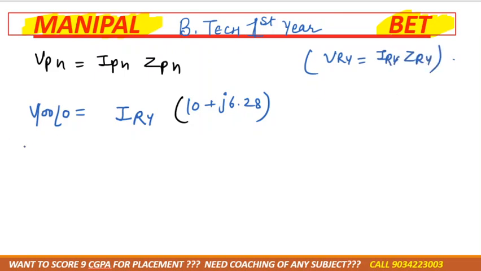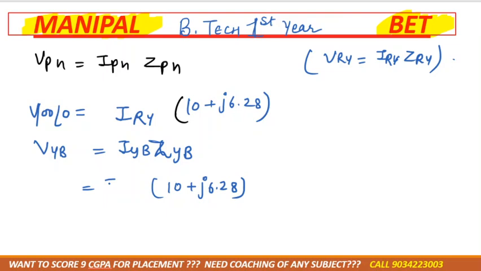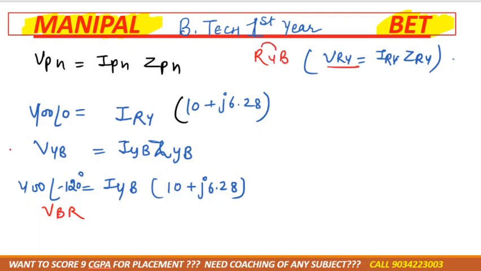Second one is VYB equal to IYB multiplied by ZYB. Impedance is the same, 10 plus j 6.28. IYB as it is. VYB angle is 400 angle minus 120, right? Similarly, third one is VBR. As you know the sequence, RYB, this one is R to Y, this one is Y to B, then B to R. VBR is equal to IBR into ZBR.